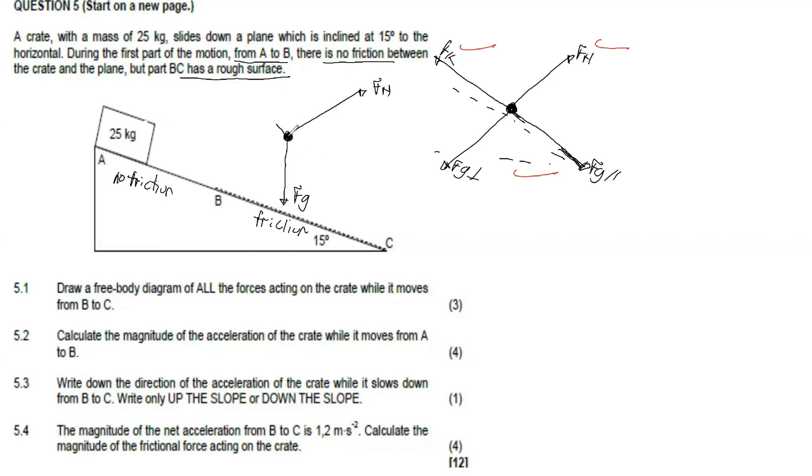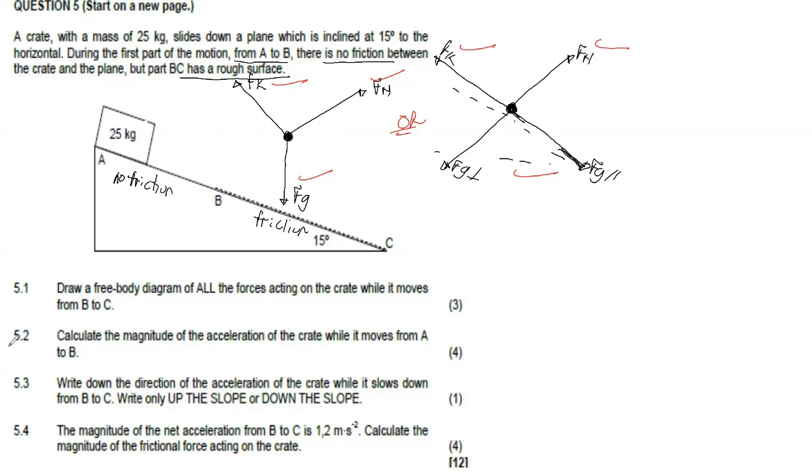It can be a bit tricky to calculate with this one, because you don't see all the horizontal and vertical forces acting on that object. But either way, this one could also have got you 3 marks, 1, 2, 3, right? So either this or that. The memo gives the option for both. So do not feel left out if you drew this one or the other one. Both of them are correct, guys.